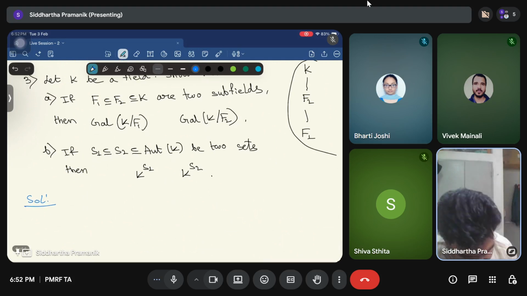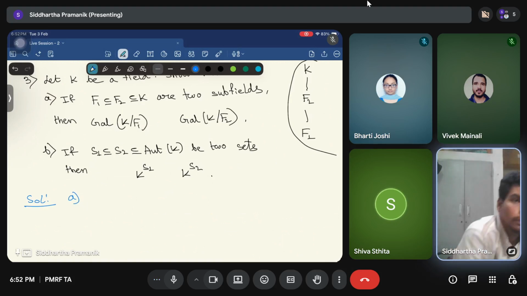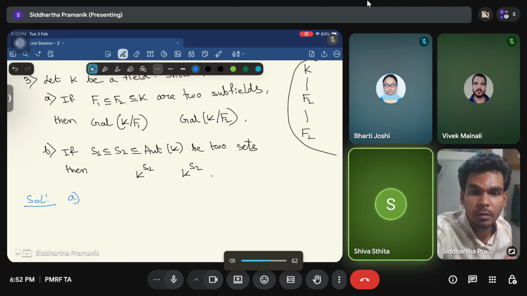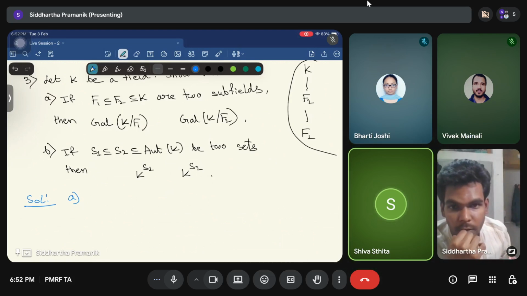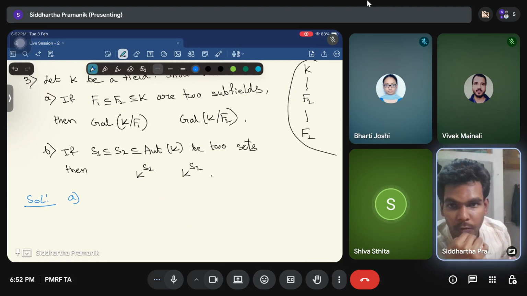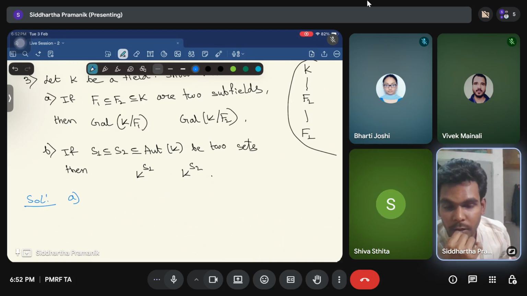So let's see the first one. So the first contains the second. Yes, sorry. First is Galois of K over F1, a superset of... Your voice is very low. Can you speak more loudly?